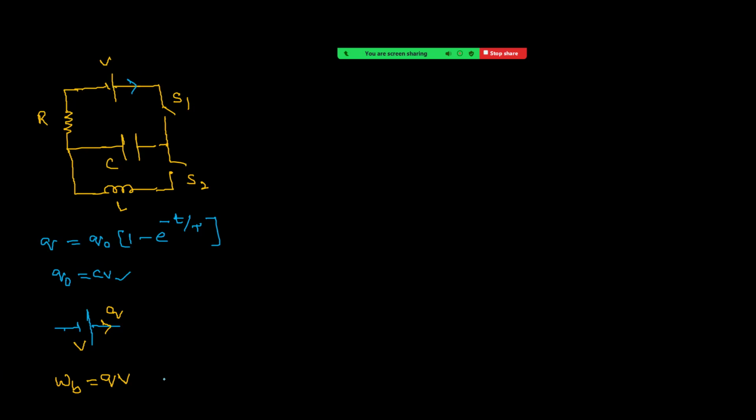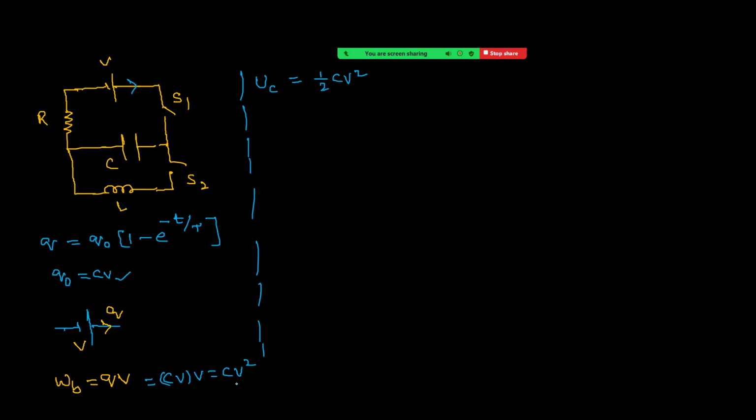Therefore, by battery work done is positive, and that is equal to CV into V. So it is CV square. Okay. This is work done. And you can see how much energy is stored in the capacitor. Energy stored in the capacitor, I am taking suffix C, is equal to half CV square.